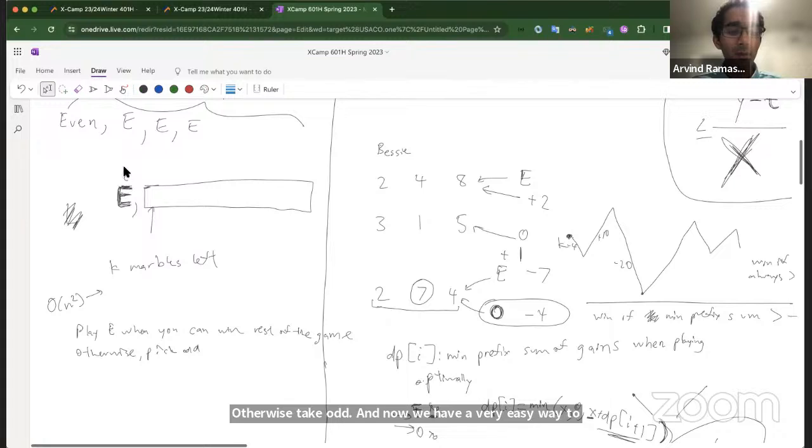Let's say we pick E at time step i, then we have some score S, and we have K marbles left after we play E. Then we can win the game as long as dp[i+1] is strictly greater than negative K. If it's strictly greater than negative K, then it's still possible to win the game, so we want to pick even. Otherwise, we should pick odd.